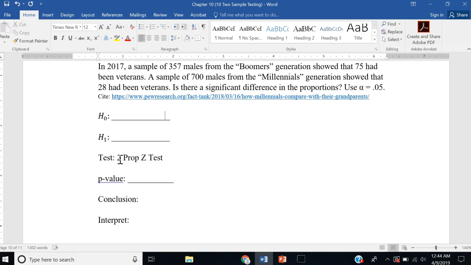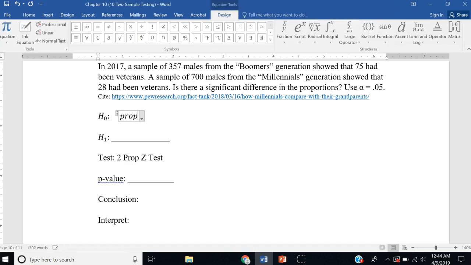So I'm going to say the proportion of group 1 is equal to the proportion for group 2.